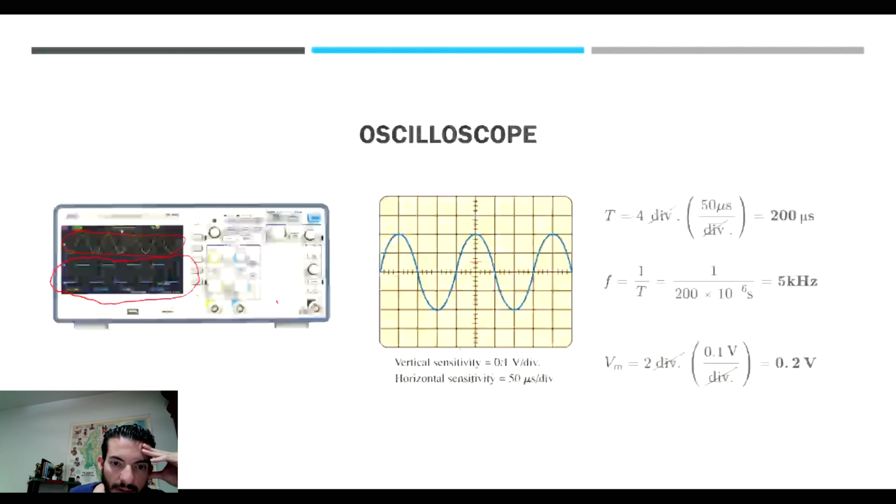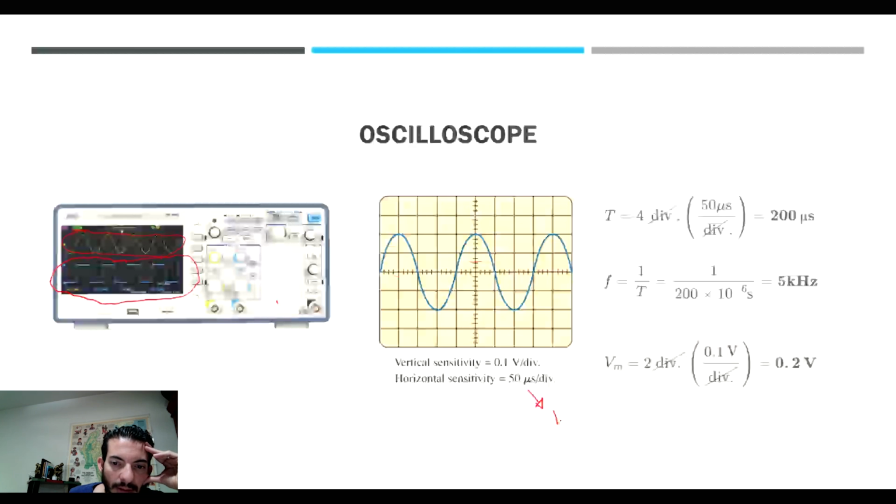In this particular case, we're setting up with the menu. For instance, you go to the menu and say the vertical sensitivity is going to be 0.1 volt per division, and the horizontal sensitivity is going to be 50 microseconds per division.